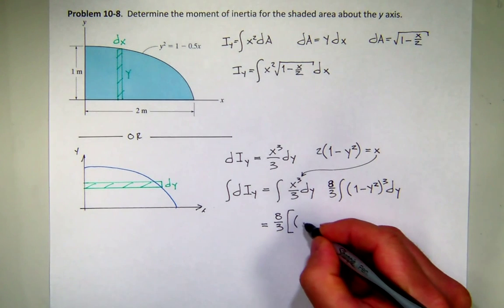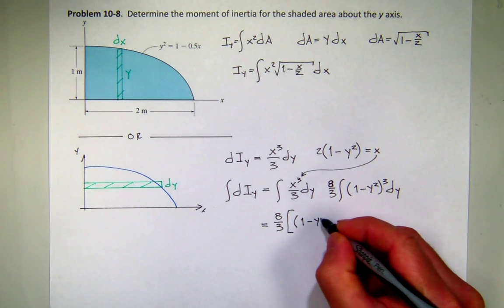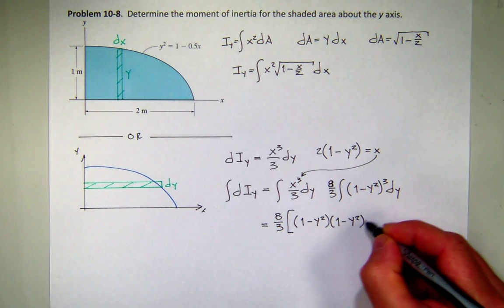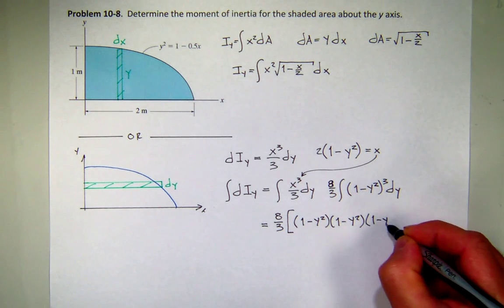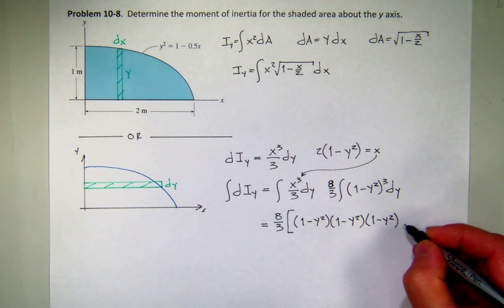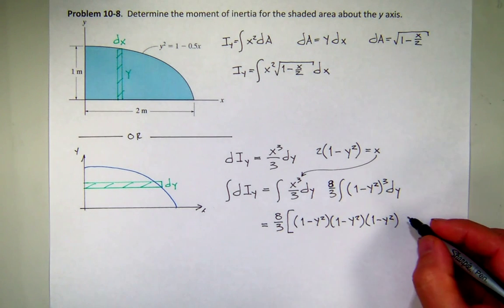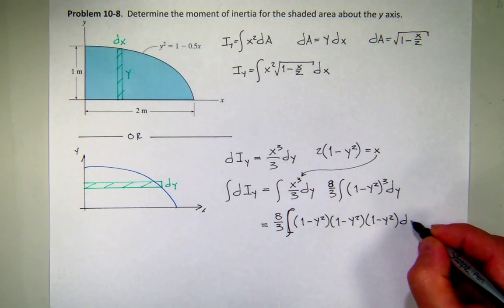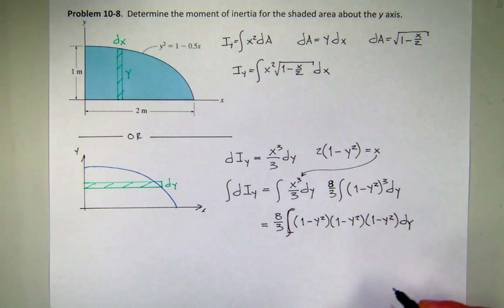Just remember it's 1 minus y squared cubed, which is 1 minus y squared times 1 minus y squared times 1 minus y squared, integral dy.